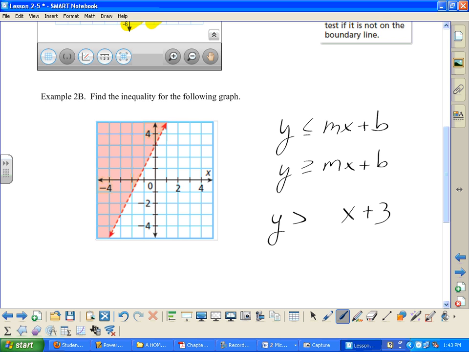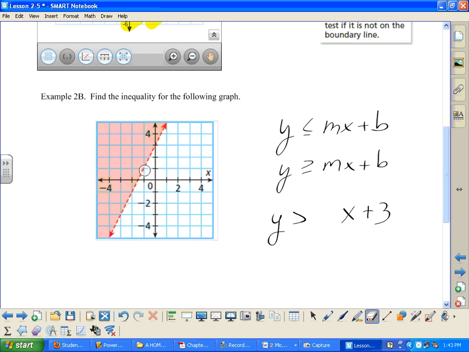And then we need to find the slope. So we need to find another exact point that we can use to find the slope. Let's see. Right here? Does that look like an exact point there? Right there? Okay. Or there's one right here also at negative 1, 1.